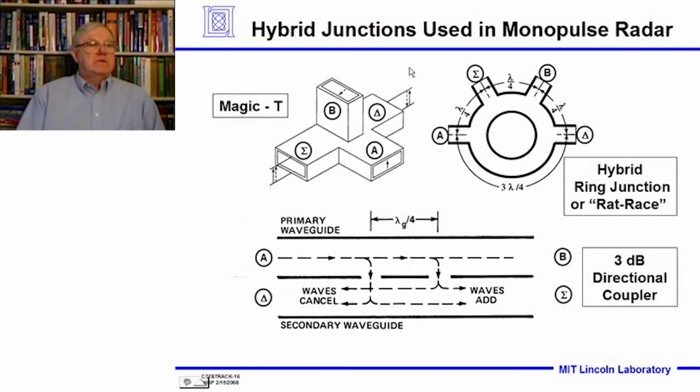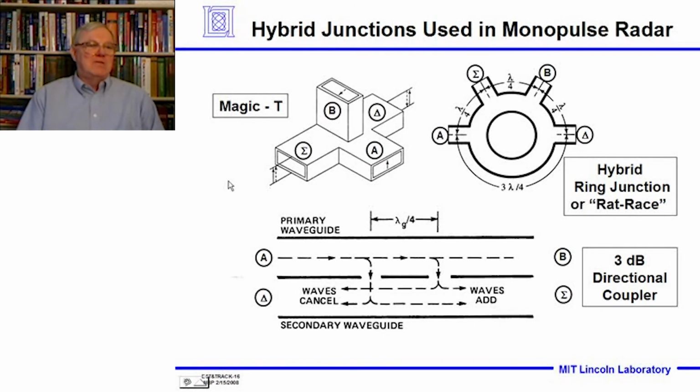Okay. Here are some pictures of what these actual microwave devices look like, and they're rather cute things. I'm not going to get into them in a lot of detail for this particular lecture. There's one they call a magic T, and you can see where in this the waveguide entrance the A channel would go, and then the B would come in here, and magically, as it turns out, it's electromagnetics, Maxwell's equations.